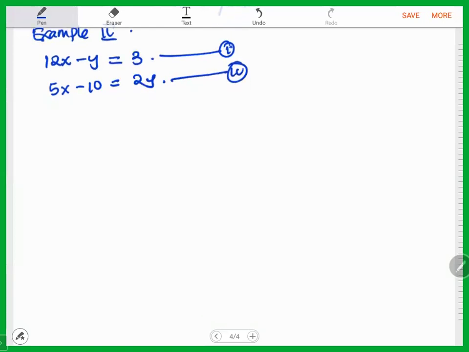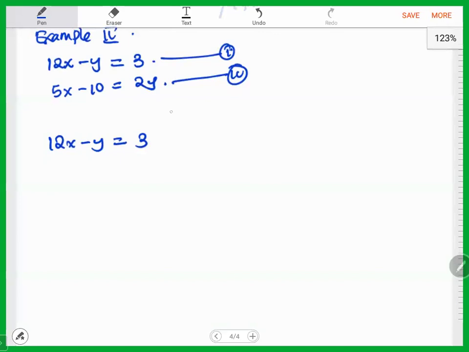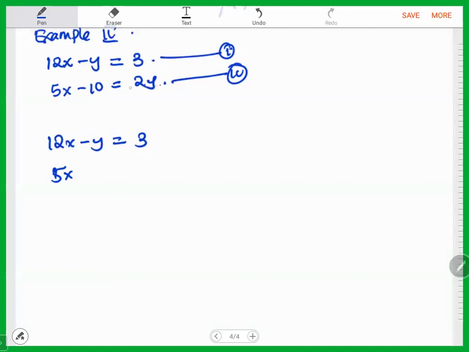So if my first equation is in the form of 12x minus y is equal to 3, then the second equation, I can also rearrange it: this is going to be 5x. Then the 2y, because it crosses the equal sign and comes to this other side, becomes a minus 2y. This 10 will move to the other side, the side that I have constants.